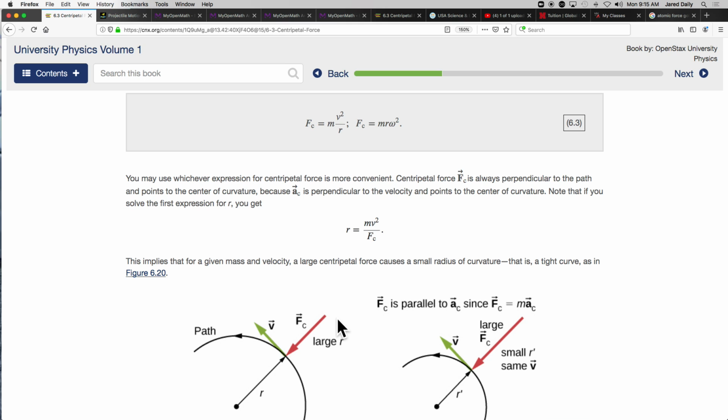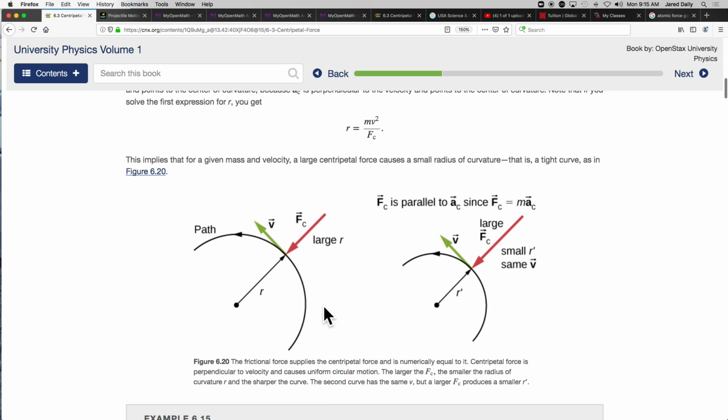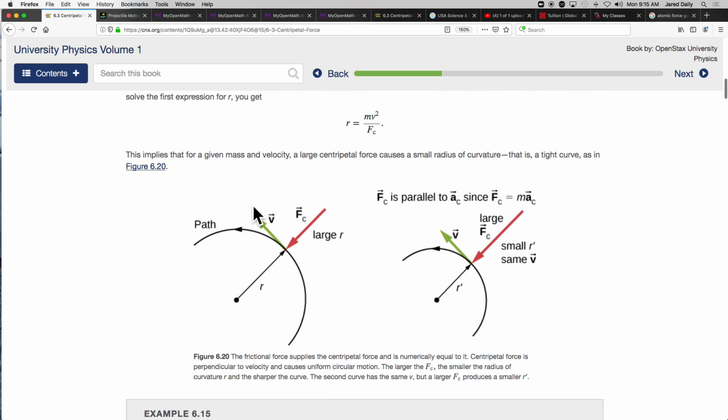Now, the things that are always true with centripetal force is that your instantaneous velocity along the edge of the circle, which is actually a vector, and the centripetal force and also the centripetal acceleration are always going to be perpendicular to each other. So here you have this right angle between the centripetal force and the actual velocity.